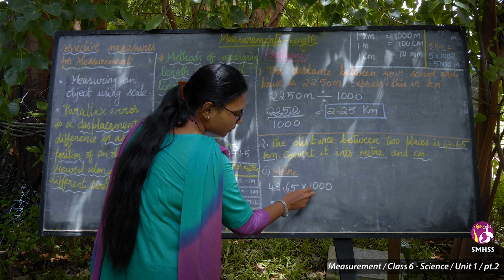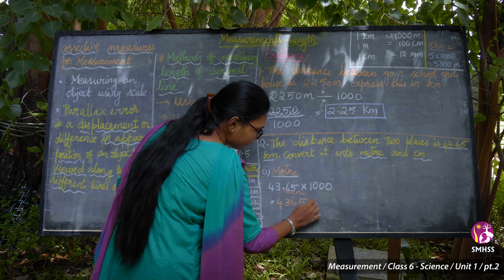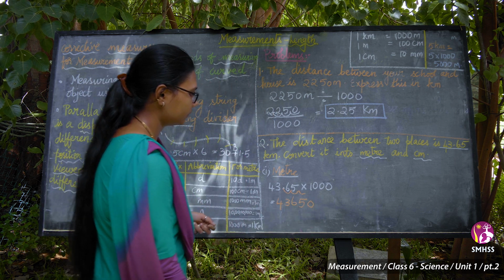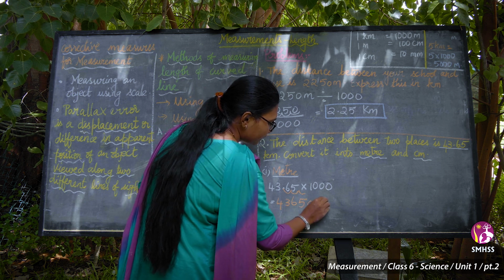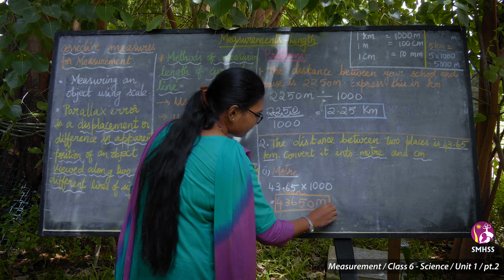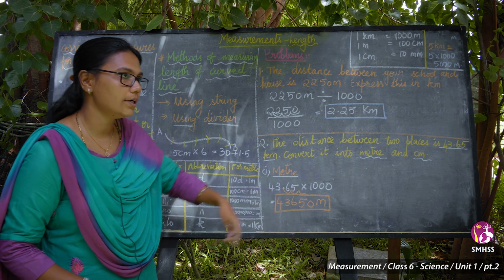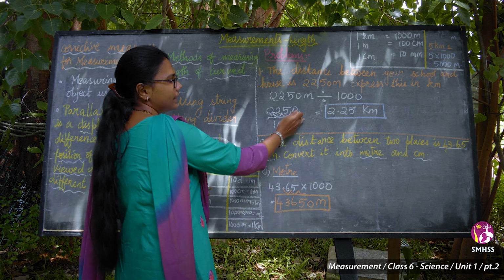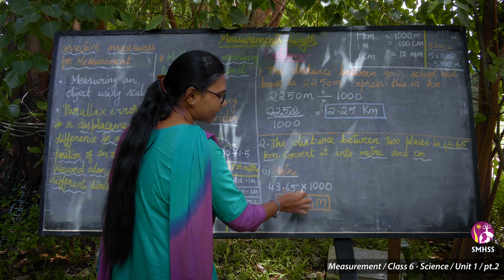So we add one 0. 43650 meters. Meter, important. When converting to meter, you will move the point towards your right hand side. In division you move it in the left direction, and in this one in the right direction.